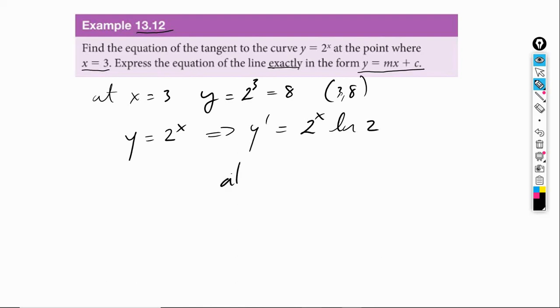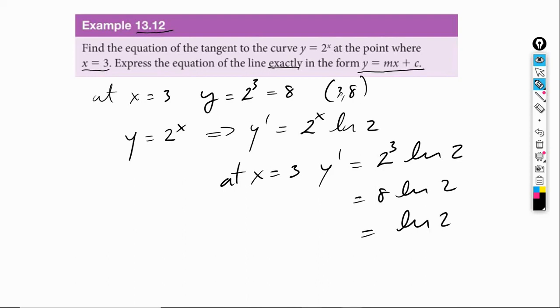Then at x equals 3, the derivative is equal to 2 to the 3 times the natural logarithm of 2, and this is the same as 8 natural logarithm of 2, which is the same as the natural logarithm of 2 to the power of 8, which is the natural logarithm of 256. So this will be our slope.